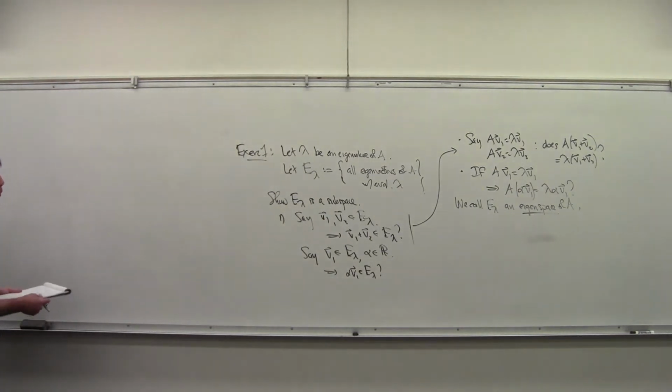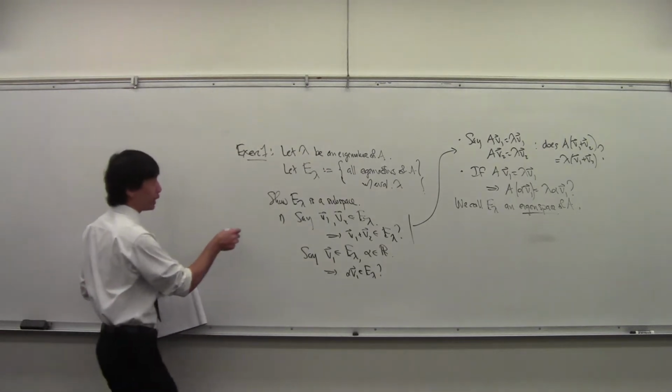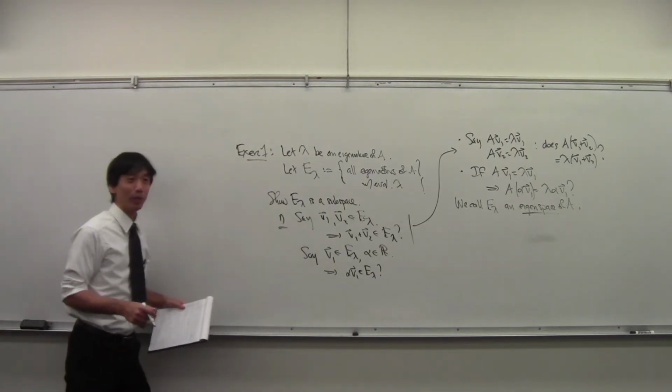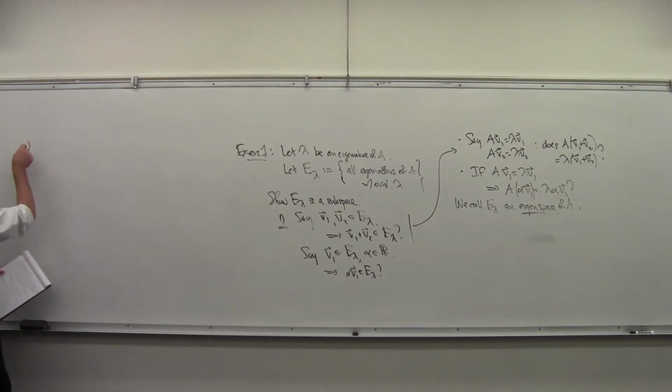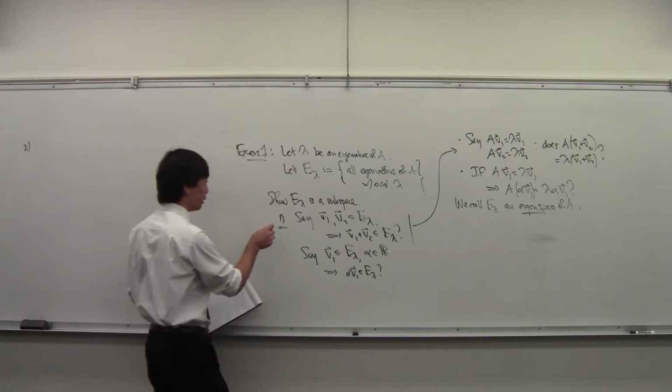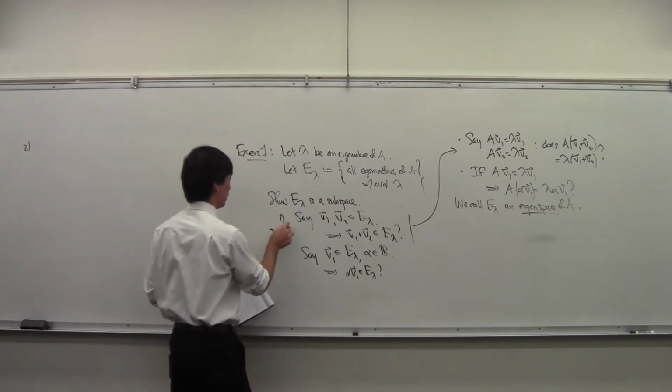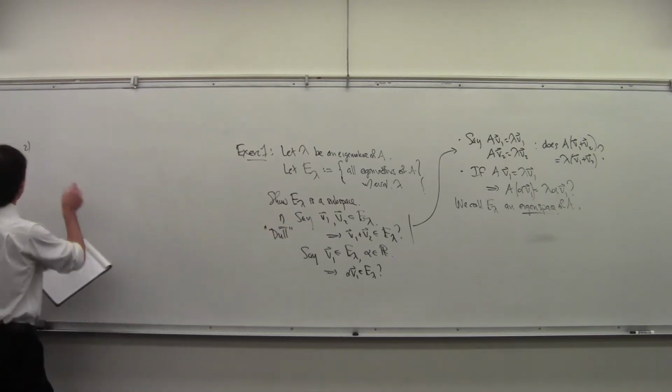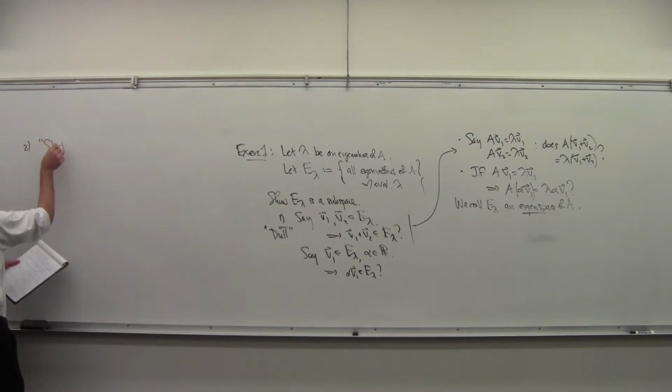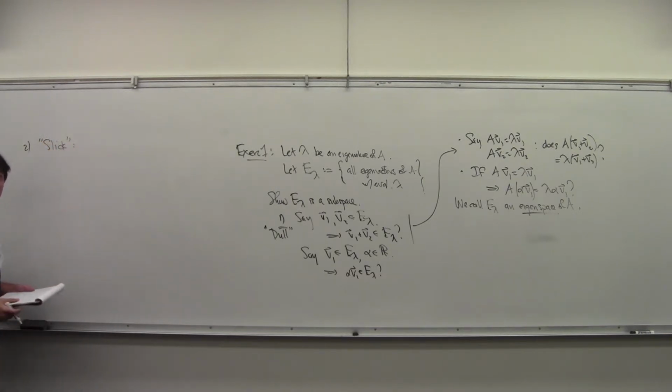Okay. There's another way of, so I have a 1 here. Why do I have a 1 here? It's because there's a 2, and 2 is a different way of thinking about this. So this is what I have in my notes as dull, and I have slick over here.